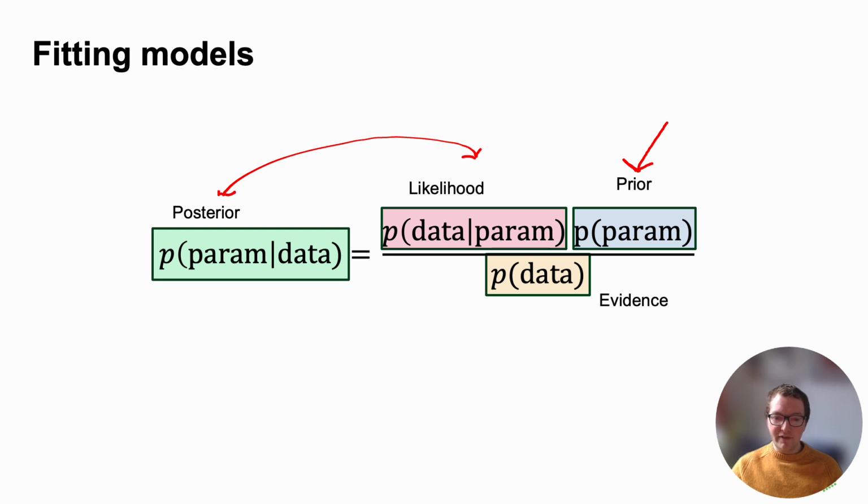So what I want to know when I fit a model is what's the probability of some parameter given the data. So if I talk about the infection rate, let's use R. What's the probability of R being 1 given this observation of a time series? That's obviously a very practical question. Now, I can't get that directly from my model, but what I can do is write down a likelihood.